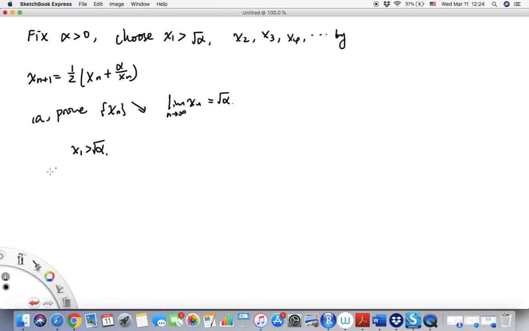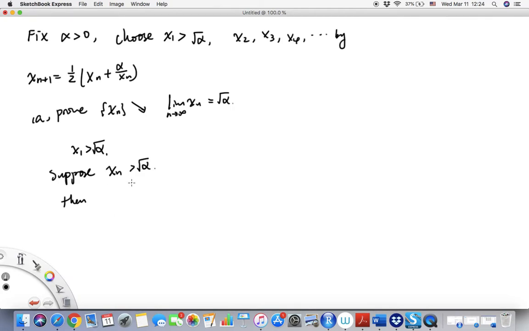Okay, so suppose xn is greater than square root alpha, then what do we know about xn plus 1? So here's what we can do.